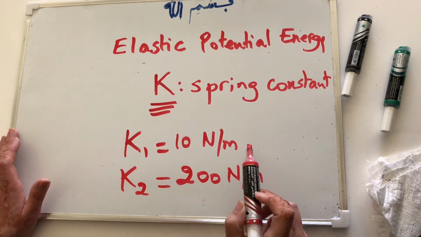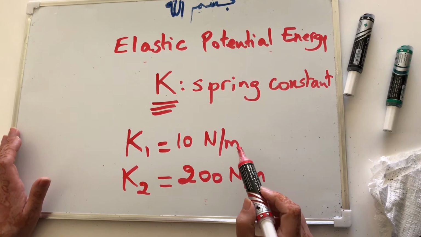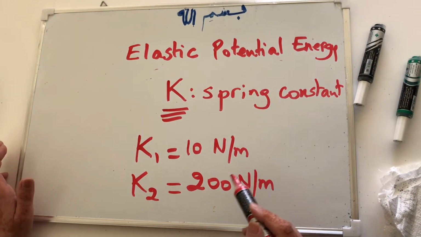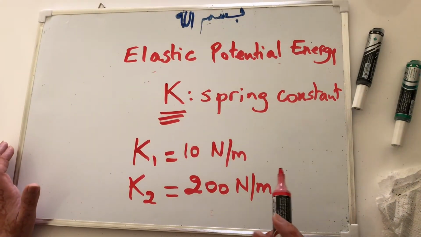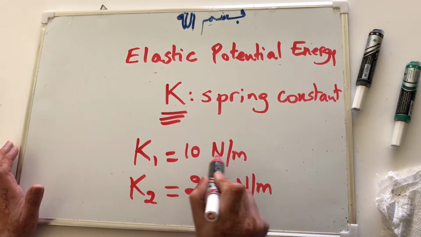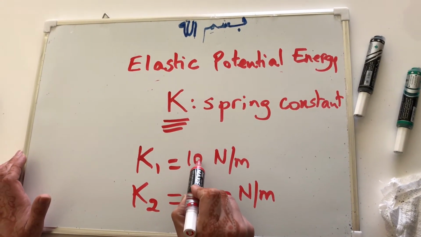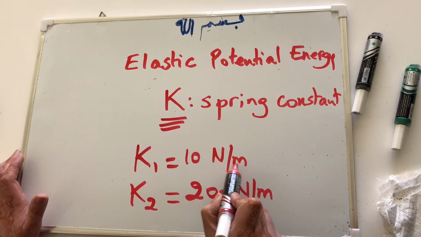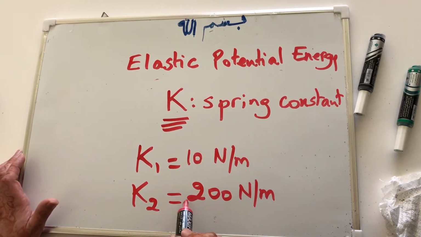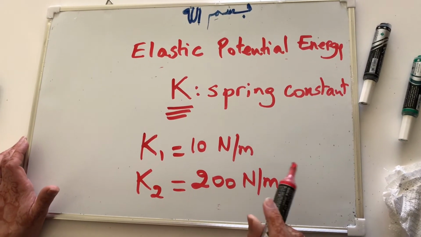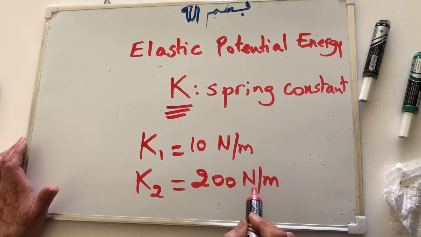Which one do you think is stronger? Which one is stiffer? Which one is harder to stretch or compress? Is it the 10 Newton per meter? You need to apply a force of 10 Newton to compress or stretch it by 1 meter. This one needs 200 newtons to be stretched or compressed by the same amount.